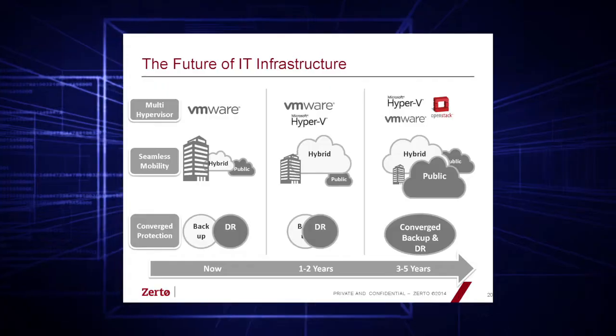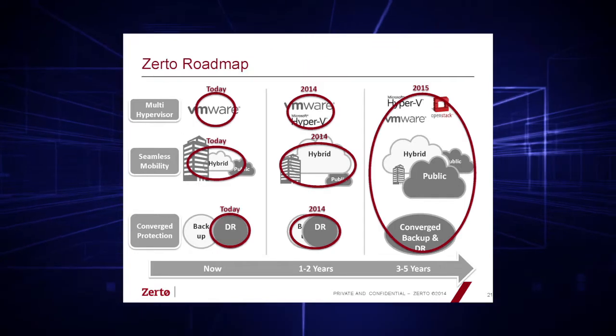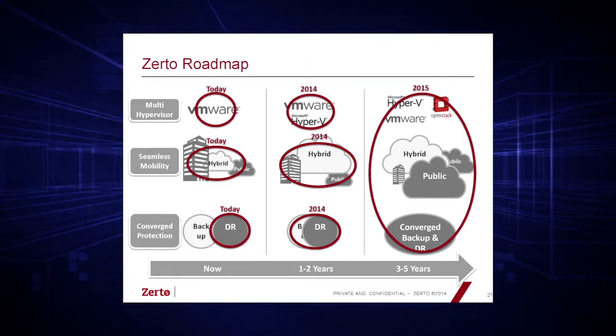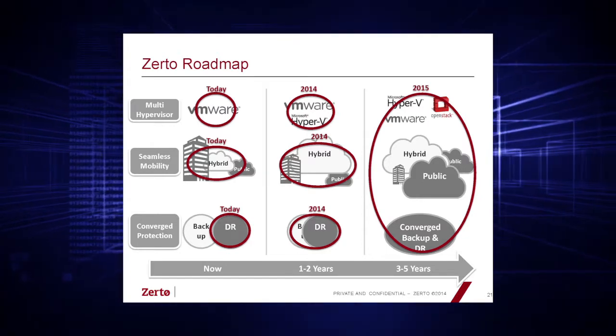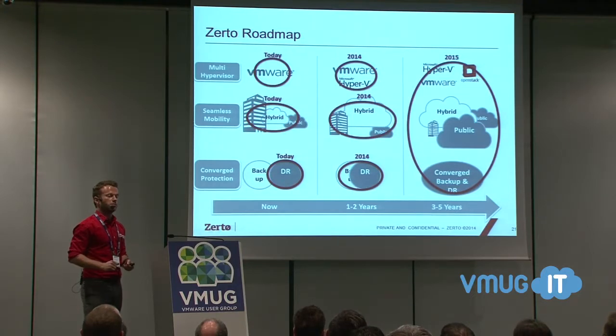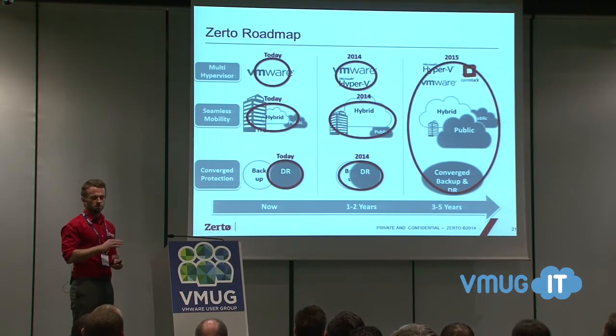And if you take where IT is going and then you compare this to the Zerto roadmap, we are following the exact same trend, and we are becoming a cloud mobility fabric, a platform, one solution for mobility, retention, backup, disaster recovery, everything.